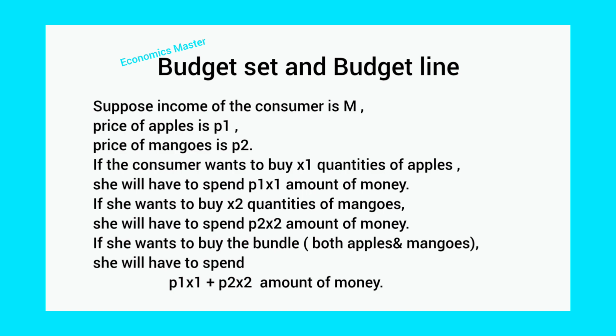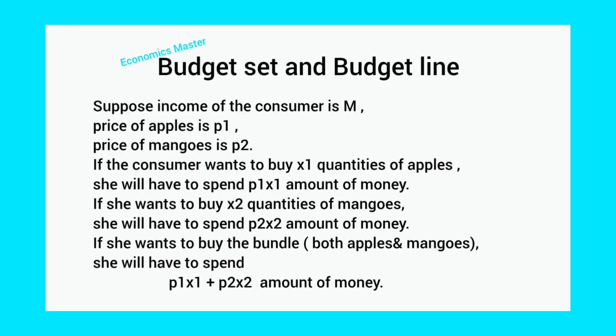Budget set and budget line. Suppose the income of the consumer is denoted by M. Price of the apple is P1. Price of the mango is P2. If the consumer wants to buy X1 quantities of apple, she will have to spend P1 X1 amount of money, that means price of apple multiplied by the quantity of apple.